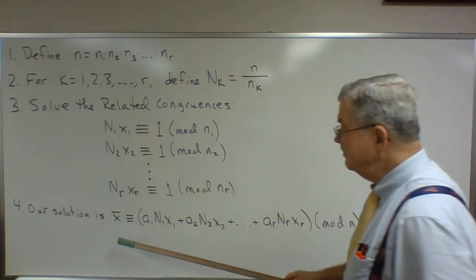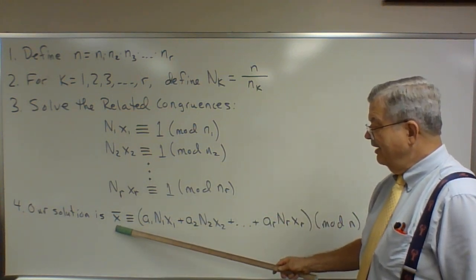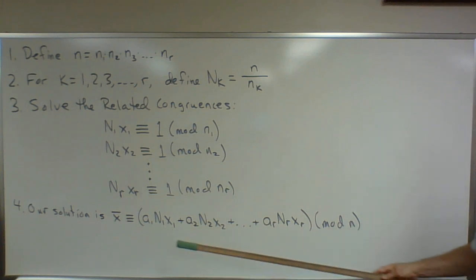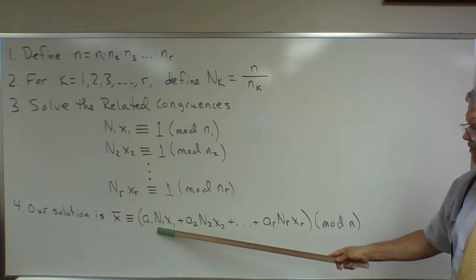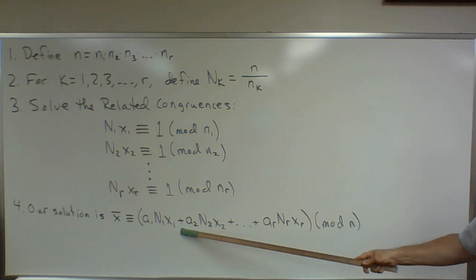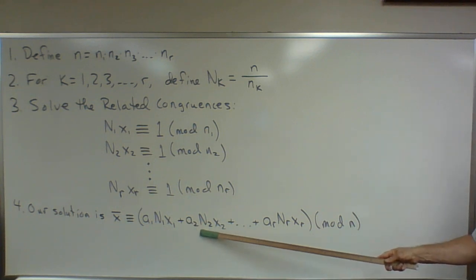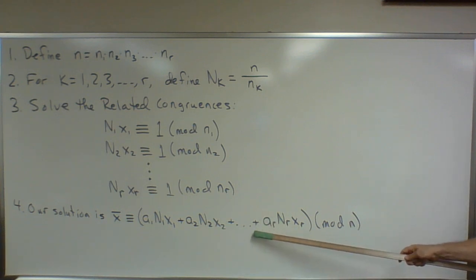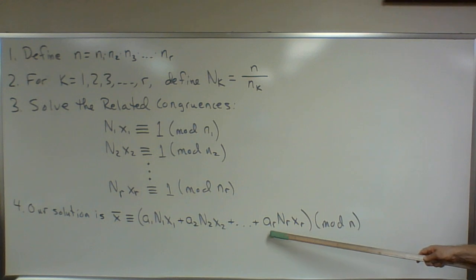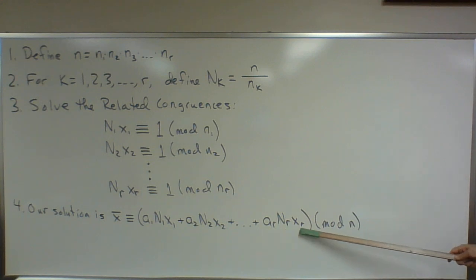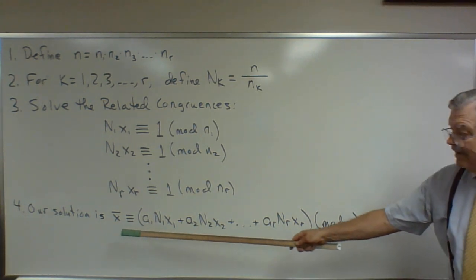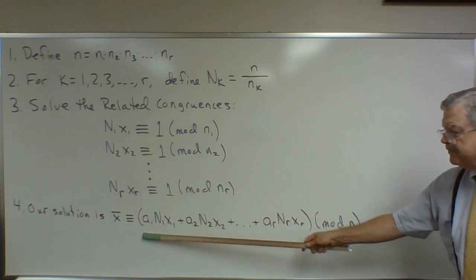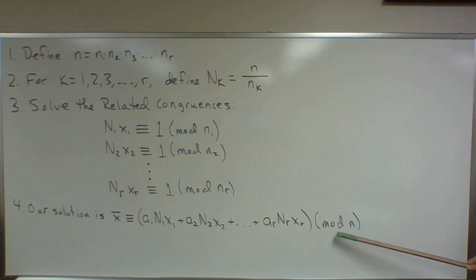Our solution, x bar, is congruent to this number: a sub 1, capital N sub 1, x sub 1, plus a sub 2, capital N sub 2, x sub 2, plus dot dot dot, plus a sub r, capital N sub r, x sub r. x bar is congruent to this monstrosity mod n.